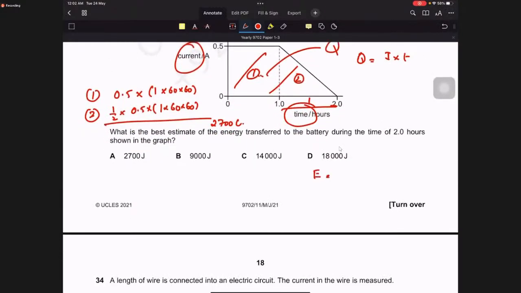Energy is basically voltage times charge.